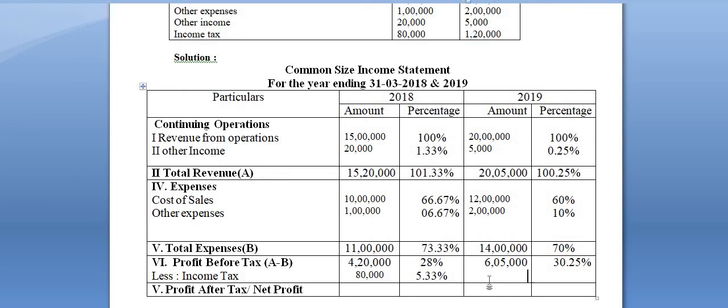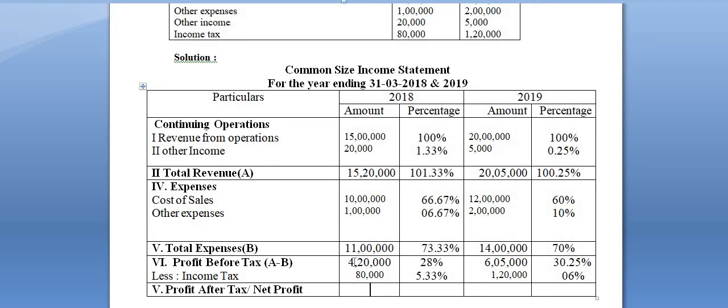So write here the amount 1,20,000. Percentage: 1,20,000 divided by 20 lakh into 100 is equal to 6%.